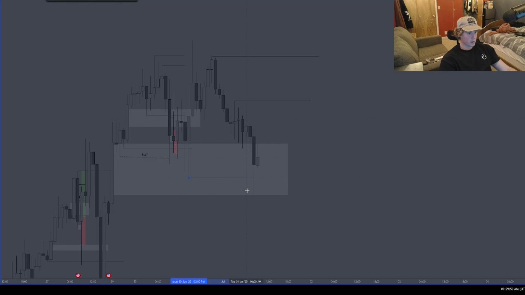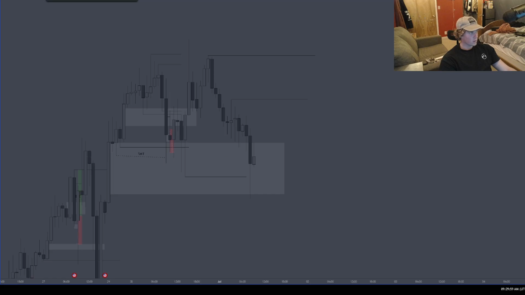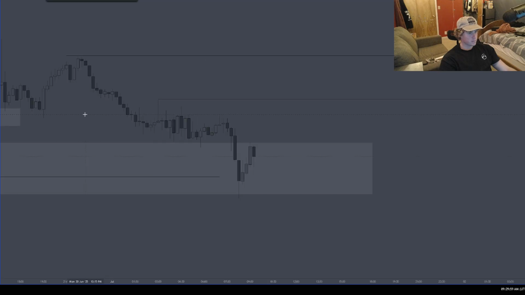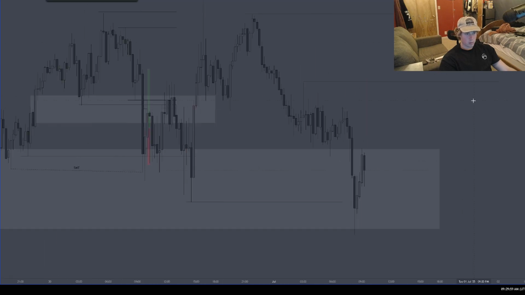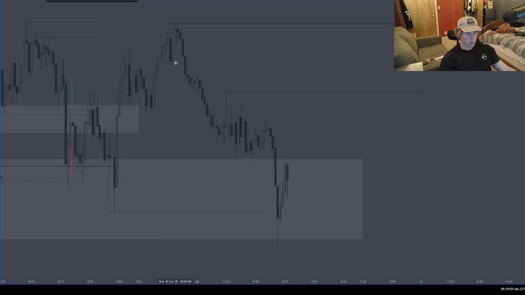This low is ran. We might have some sort of breaker block up here.